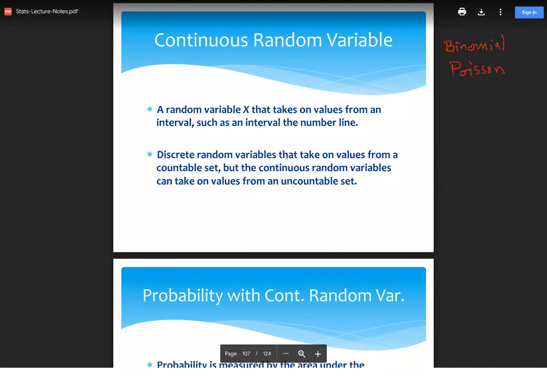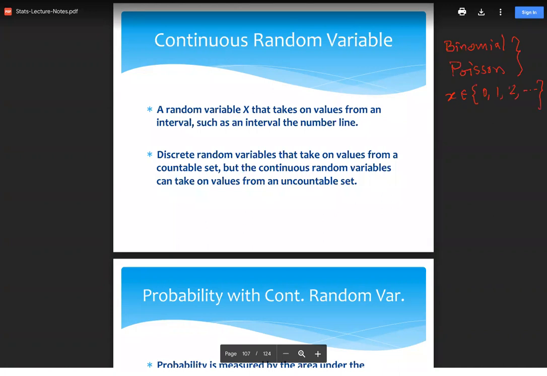We have talked about binomial distribution and Poisson distribution. These two are discrete probability distributions, meaning the random variable X associated with these distributions are countable. So that means it takes on values from this set, 0, 1, 2, keeps going.